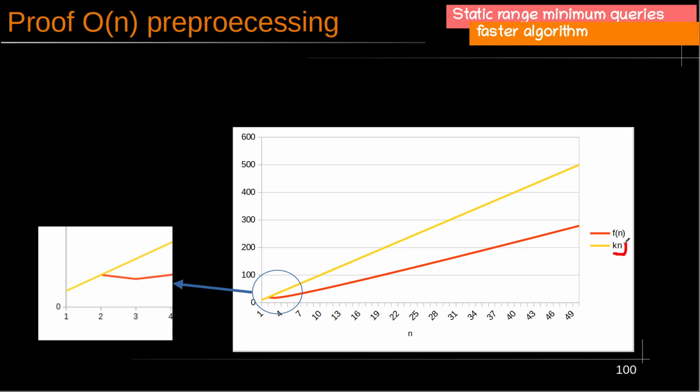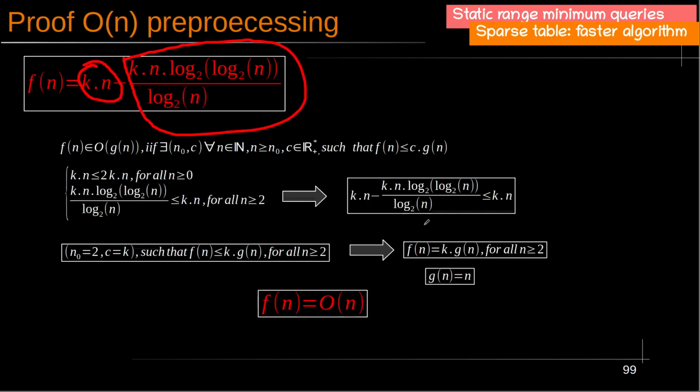This is our kn and this is our function f. So this is kn minus our function fn, and this is our c times jn. c is equal to k and jn is equal to n.